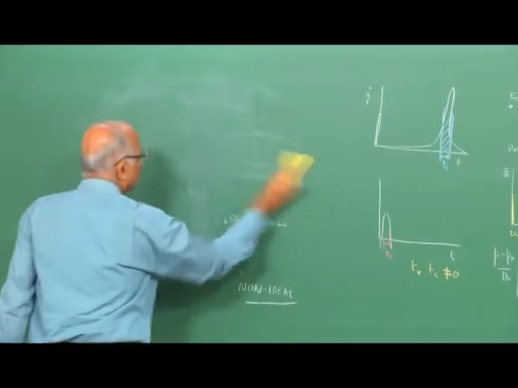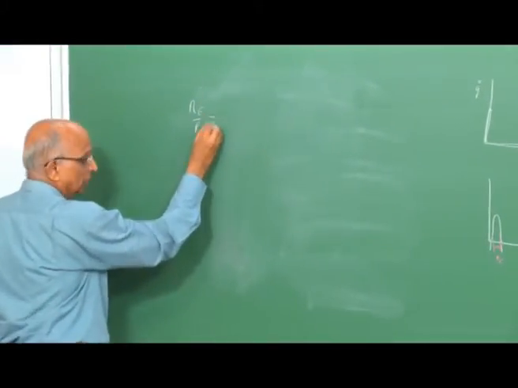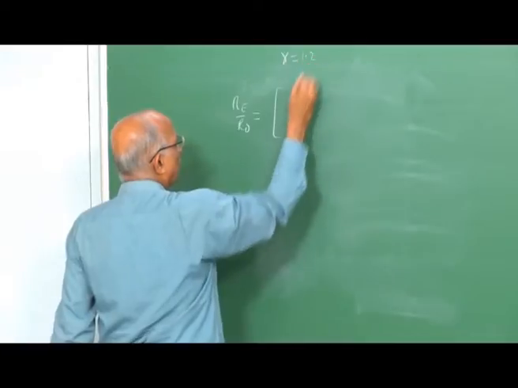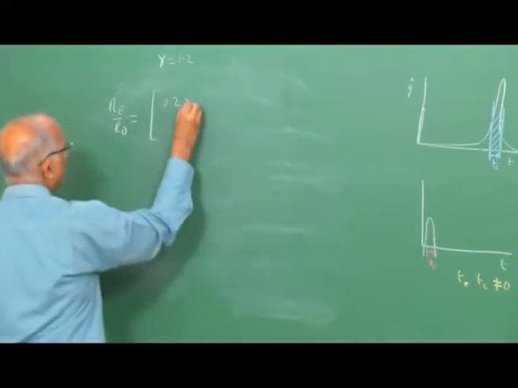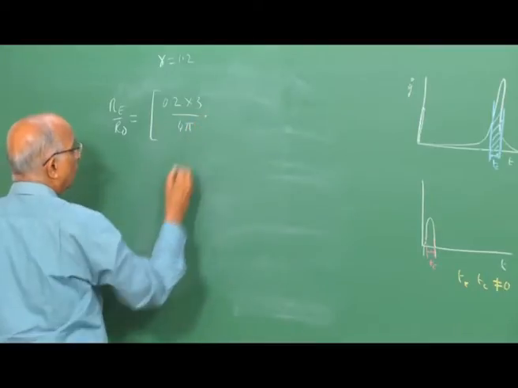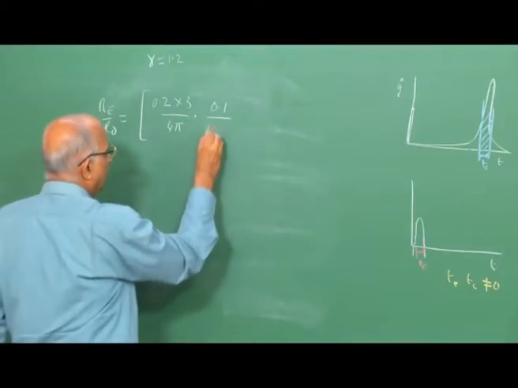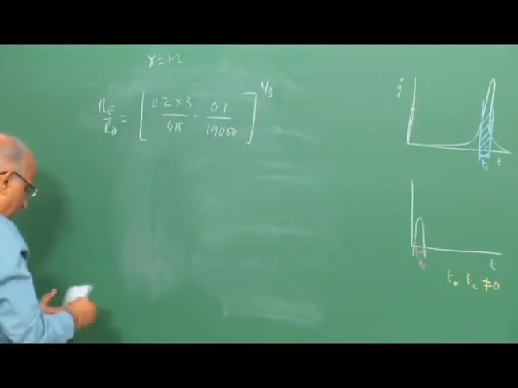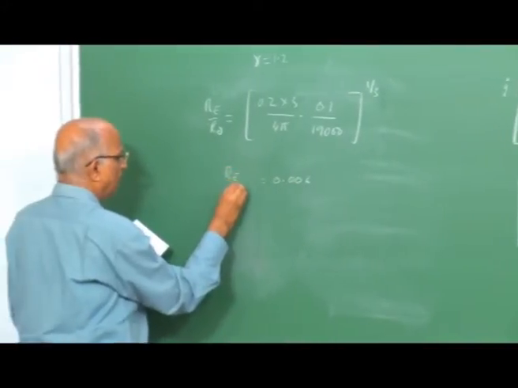I get the value Re by R naught is equal to, I get gamma minus 1. Let us assume for the hot gases in the particular volume gamma is equal to 1.2, gamma minus 1 is 0.2, I get into 3 divided by 4 pi into the value of 0.1 is the value of P ambient, the value of P is said to be equal to 190 with 2 zeros over here to the power 1 by 3, and if I simplify this, I get the value as equal to 0.006, that is the value of Re by R naught.